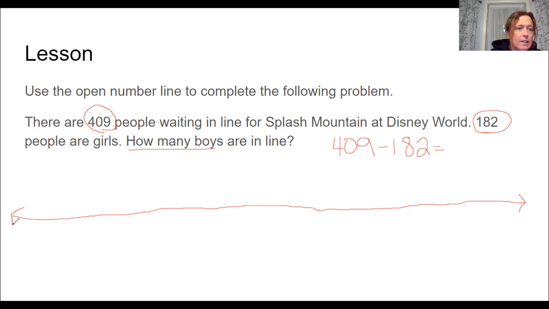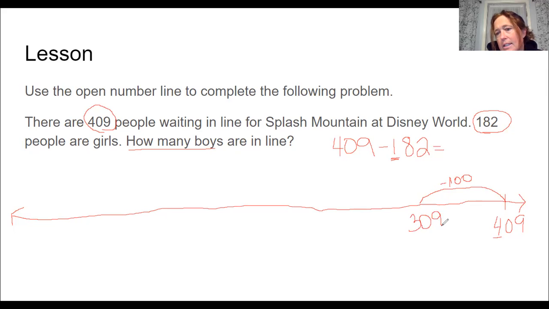So I'm going to start at this end with 409. And I'm going to first subtract 100. So 409 minus 100 is, we have 400s, 309.